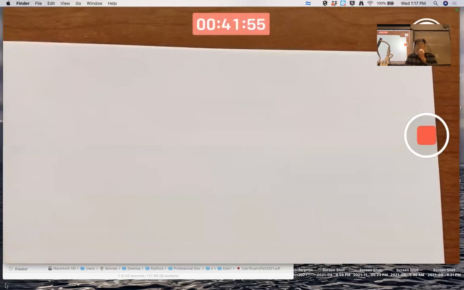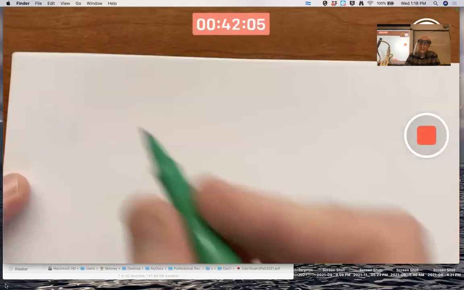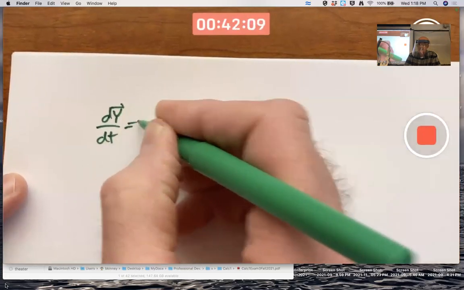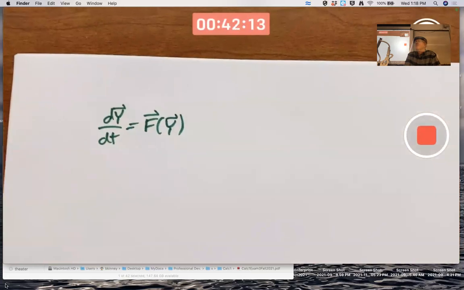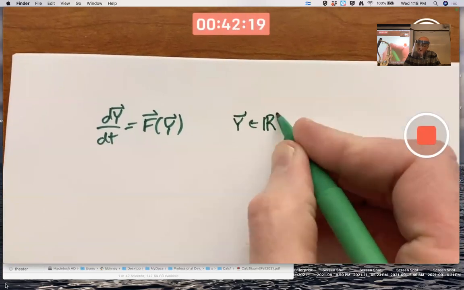With regard to trapping regions, when I say a region is a trapping region for, say in general, a nonlinear system of differential equations written in vector form like that, where y in general could be a vector in Rn.